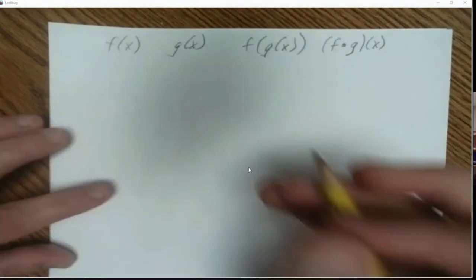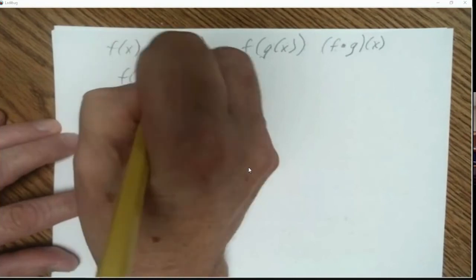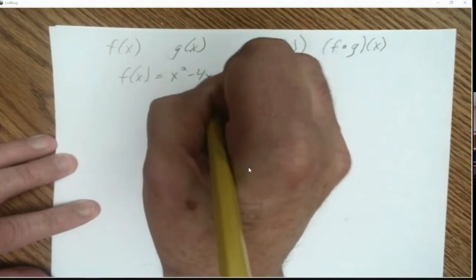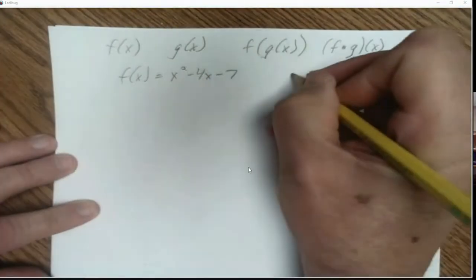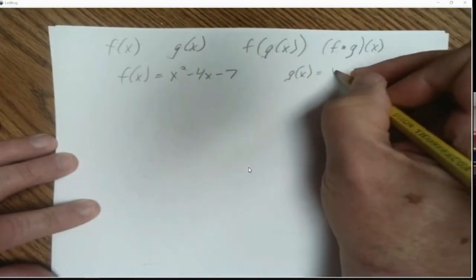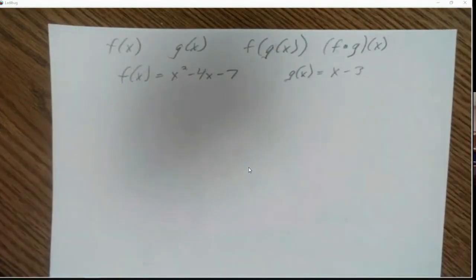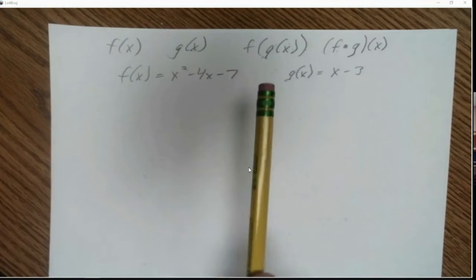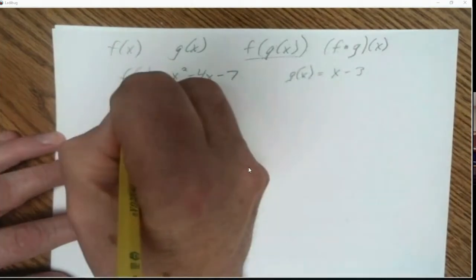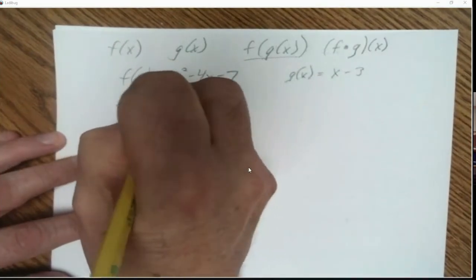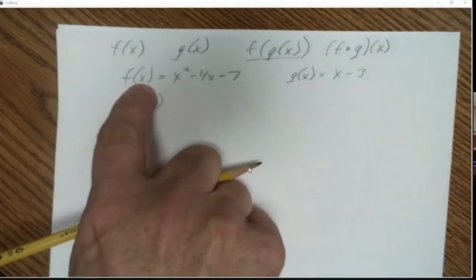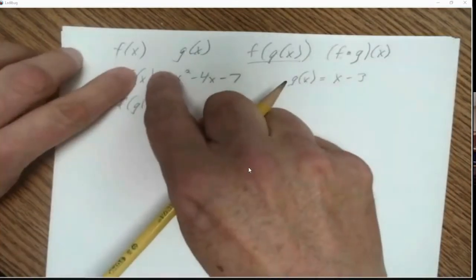So let's define f of x as x squared minus 4x minus 7. Now let's define g of x as x minus 3. If we're going to solve for f of g of x, that means we're going to take g of x and substitute it in for the x, because instead of the x inside the parentheses, we have g of x.